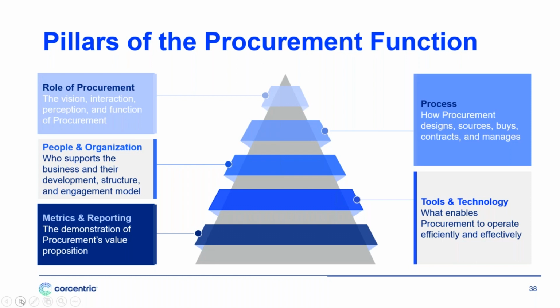On the other hand, if you're already a fairly mature organization, you may be a lot more focused on the business and the role of procurement and the value of procurement and perception of procurement in your organization. So the top pillar. And what that means is you'll be thinking less about how do you better enable procurement and really a lot more about how do you enable the business to make it easier for them to do business with procurement, right?